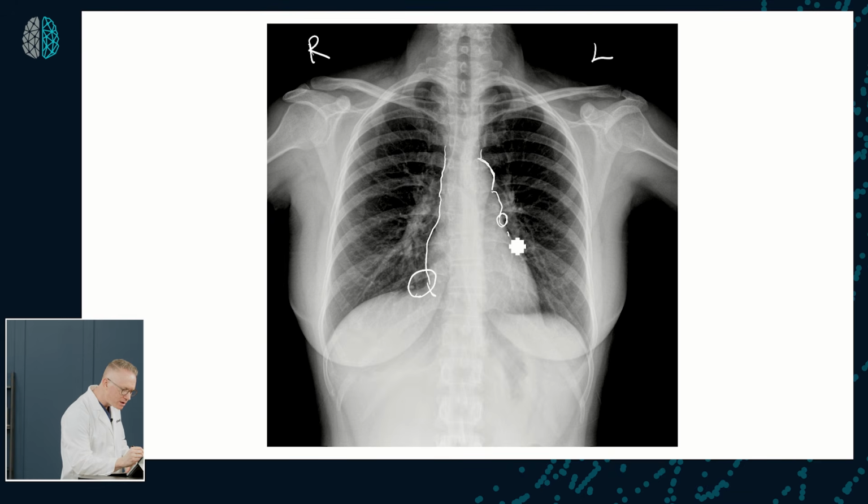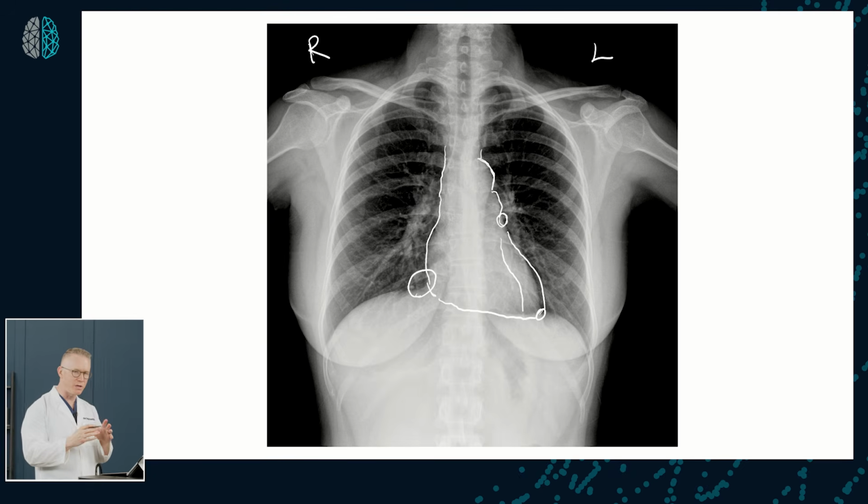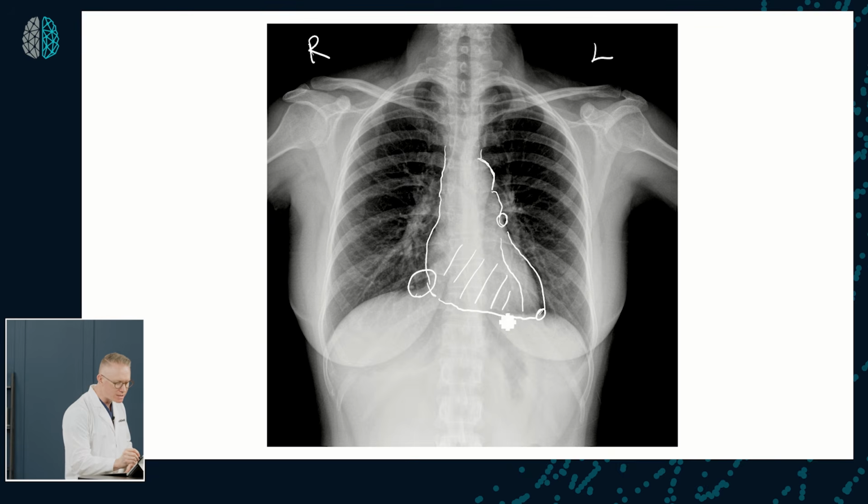And then, of course, the left ventricle forming the apex down here, and if you connect all the dots. But remember, the right ventricle is the most anterior portion that you're seeing here in this portion of the chest X-ray. This portion over here represents typically that left ventricle, okay?